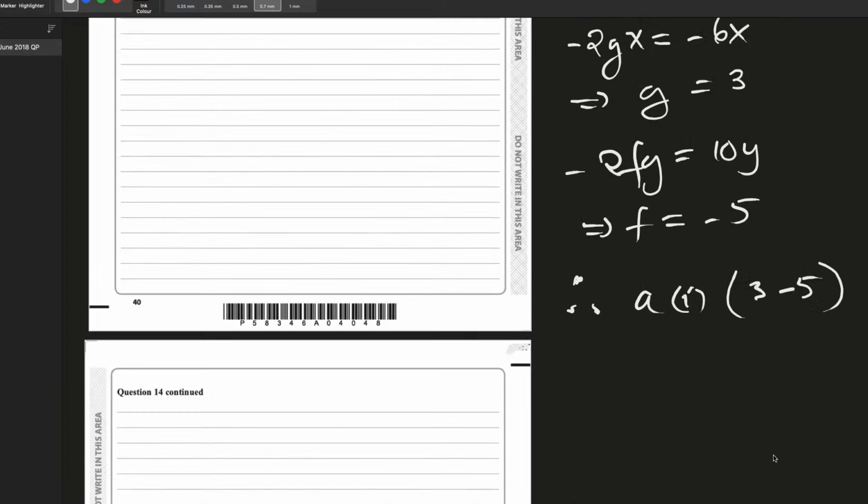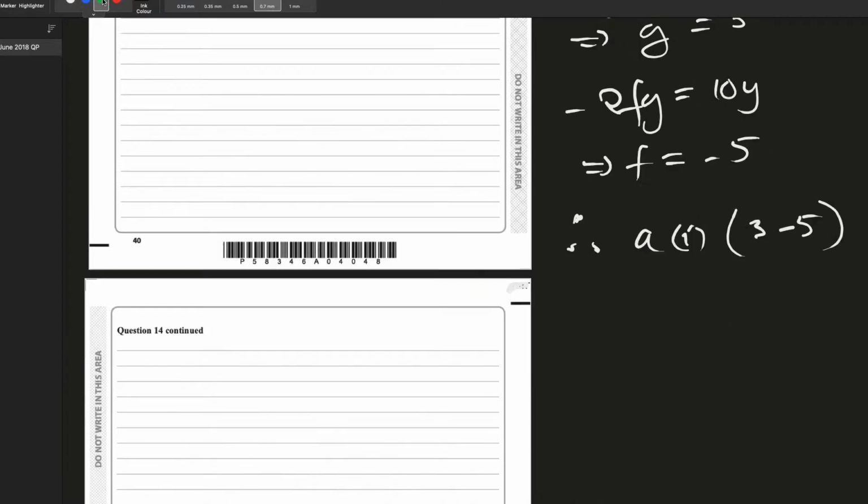So the method of completing the square, for part I, is going to be x minus 3 squared plus y plus 5 squared, minus 9 minus 25 plus 9 is equal to 0.